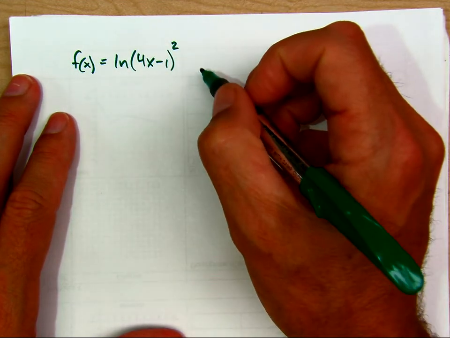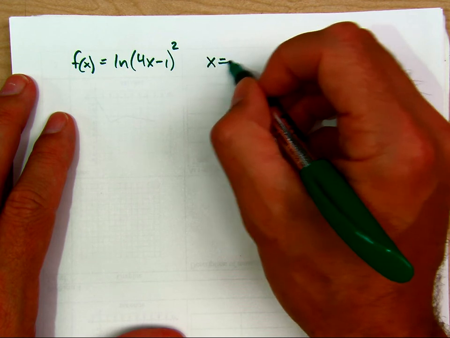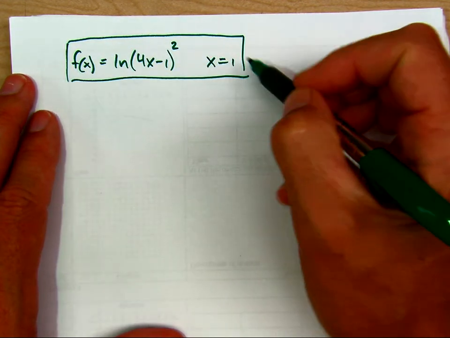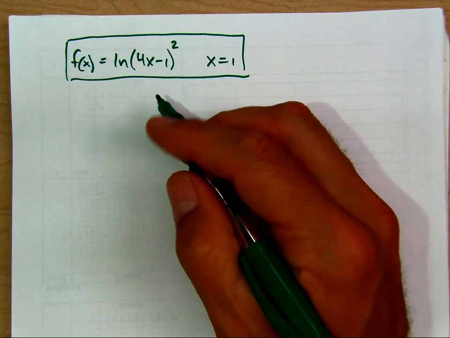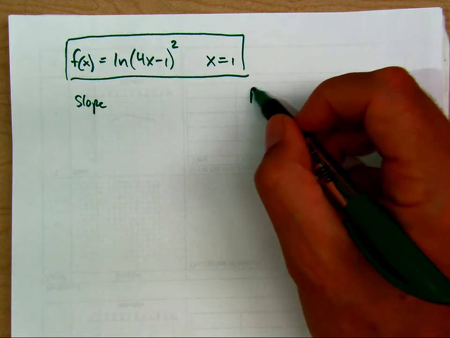Okay, find the equation of the tangent line when x equals 1. Pause the video and try that one. Slope, point slope.